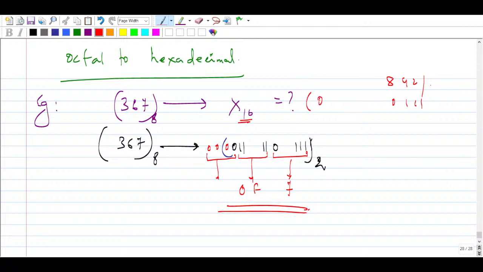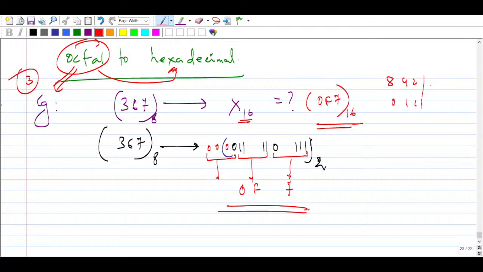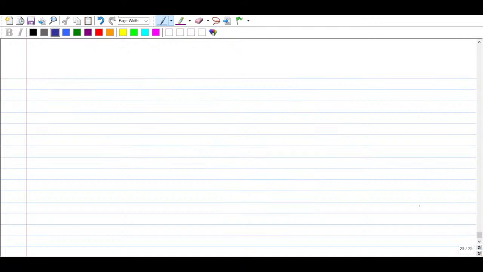You can say you have converted successfully to hexa. So the intermediate step you have to keep in mind: if you want to convert from octal to hexa, you have to put 3 bits for each of the corresponding digits given in the octal number system for the binary conversion, and then make groups of 4 digits altogether. I hope this is clear.